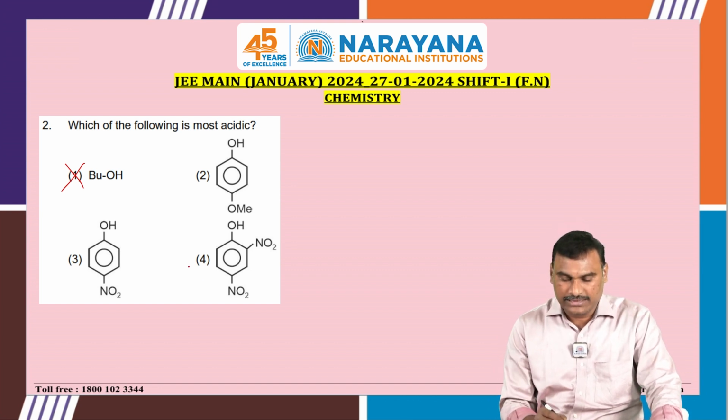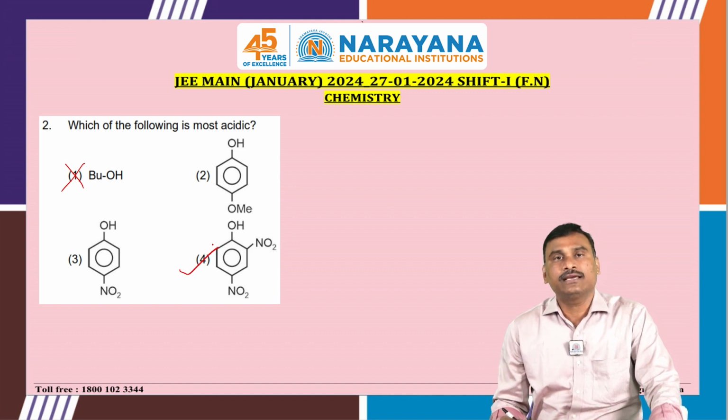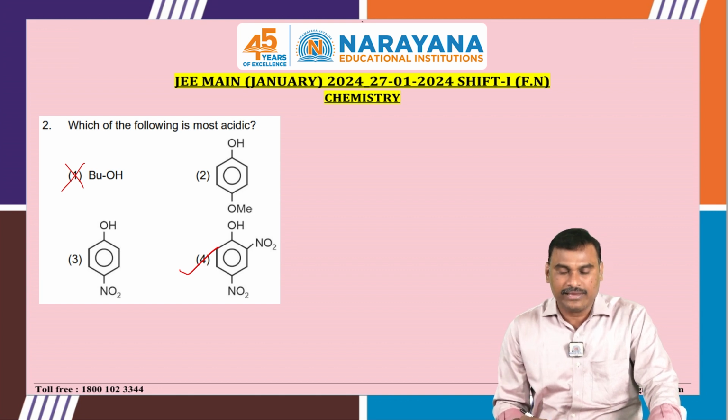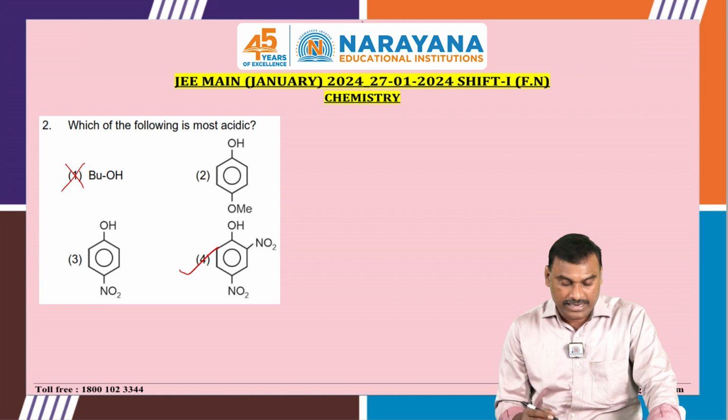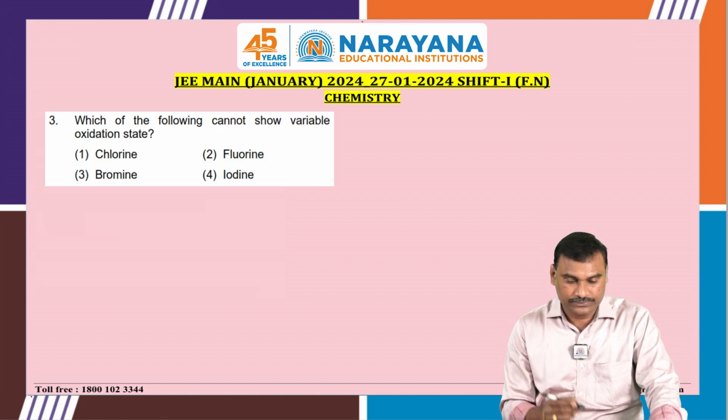Therefore, the better option is option 4, 2,4-dinitrophenol, which has 2 withdrawing groups at ortho and para positions, which can stabilize the conjugate base easily. Therefore, the most acidic among the given options is 4. Now let us go for the next question.